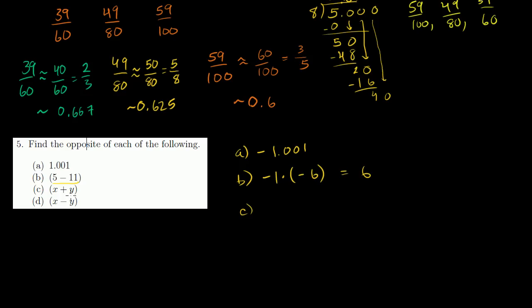Part C, x plus y. The opposite is going to be negative 1 times x plus y. You distribute the negative 1. This is equal to negative x minus y. Finally, part D, negative 1 times x minus y. I'm just taking the negative of everything.